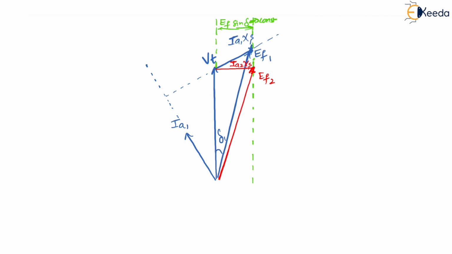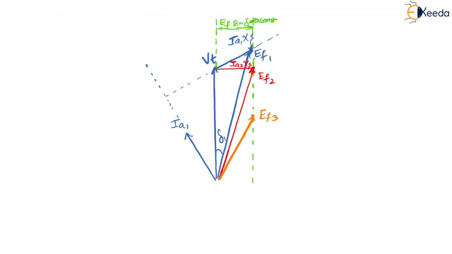Now let us decrease field current even more. What happens then? IF will reduce even more. So let me consider that it has reduced till here, for example. If it is reduced even more, this is going to be my EF3.